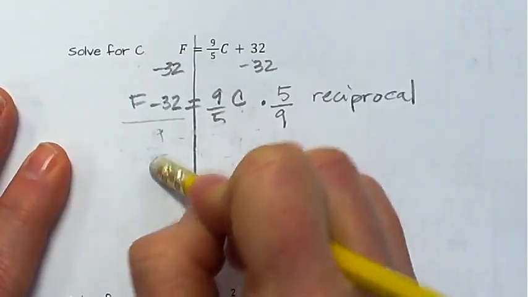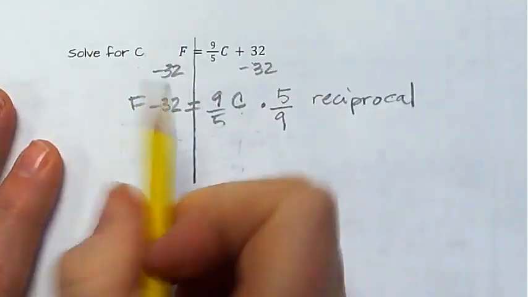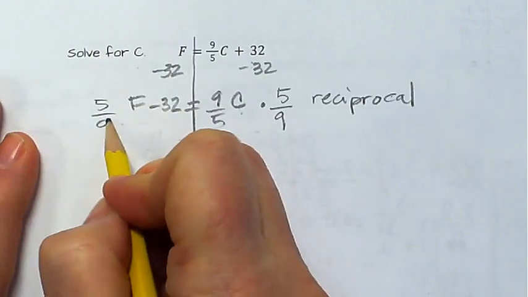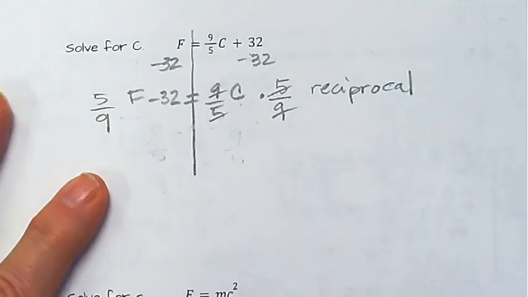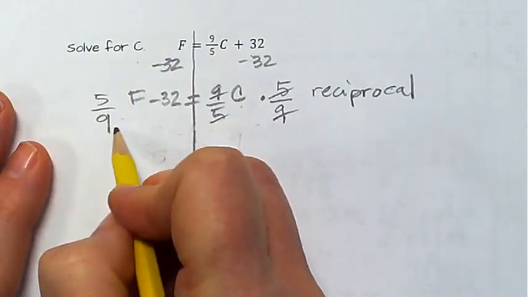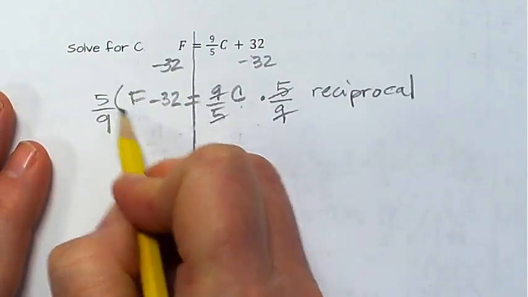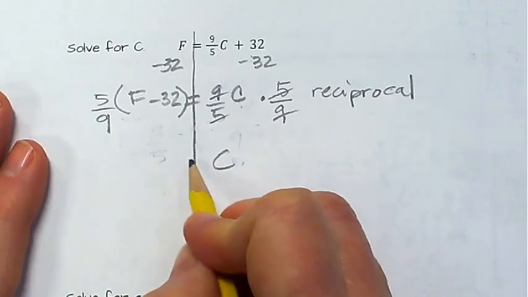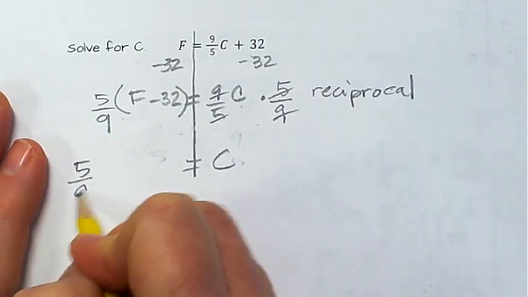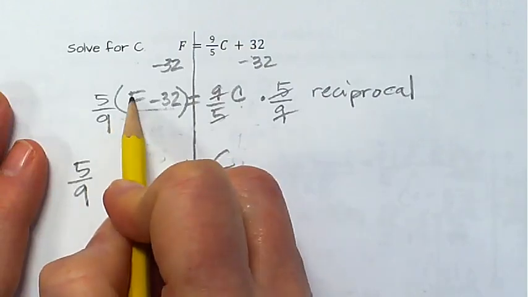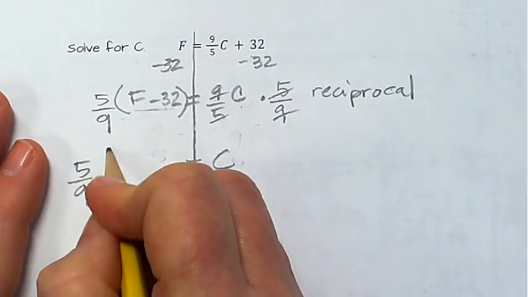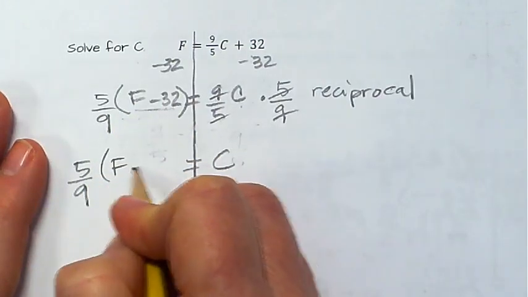This is going to get rid of 9/5 on the right side. Now I can't just put this here without putting this in parentheses. So my final answer is 5/9 times whatever this answer was. It's not just 5/9 f minus 32. So 5/9 times whatever f minus 32 is. That has to be in parentheses.